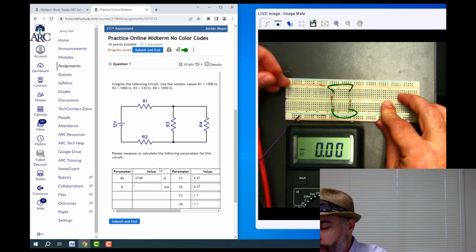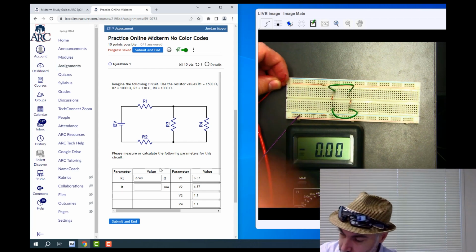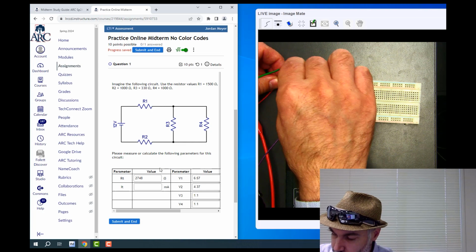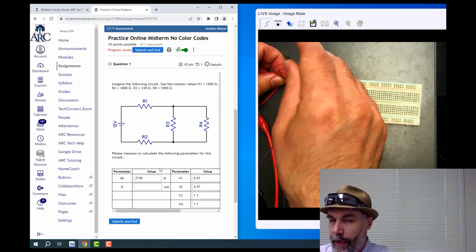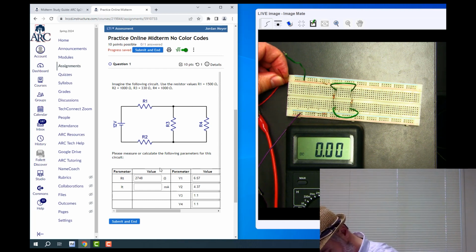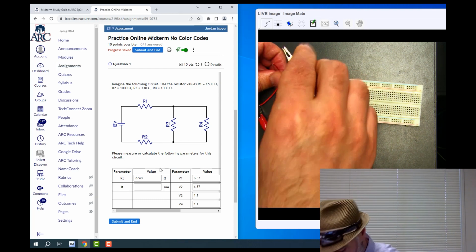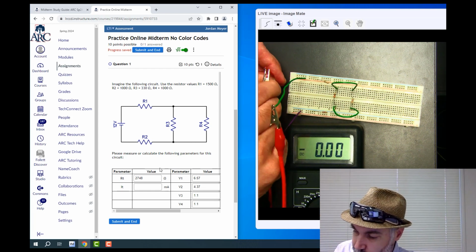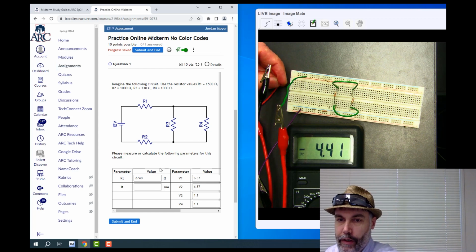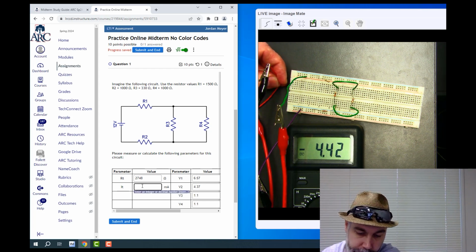So I can pull this power supply lead out of the board and then plug in a jumper wire where that power supply used to be connected. And then I can attach those two ends to my meter. So I'll attach my meter to this jumper wire and then the power supply lead. All right, and then we get 4.42 milliamps there.